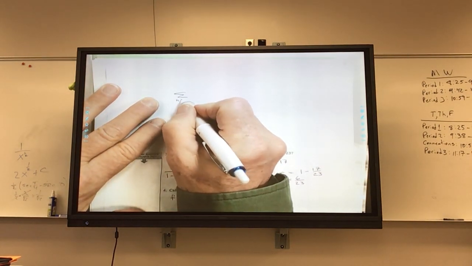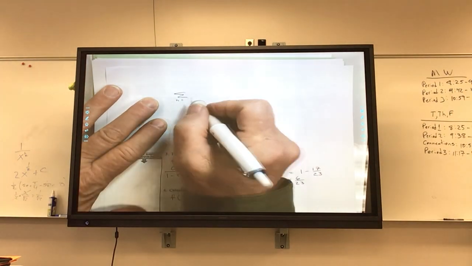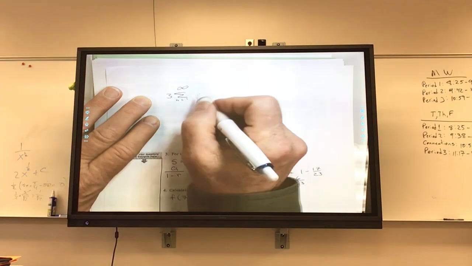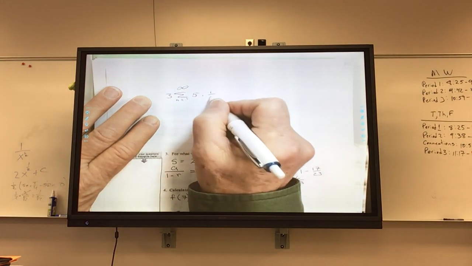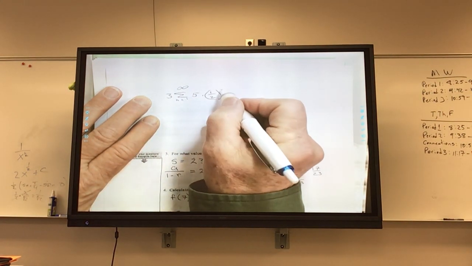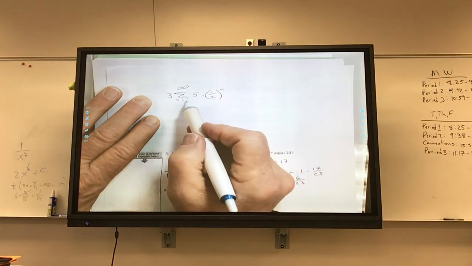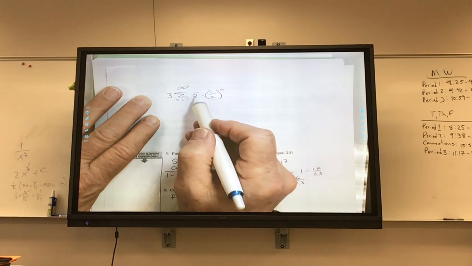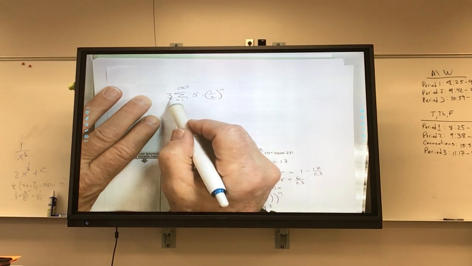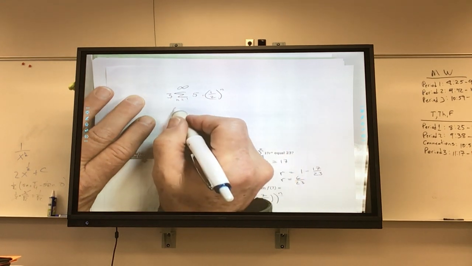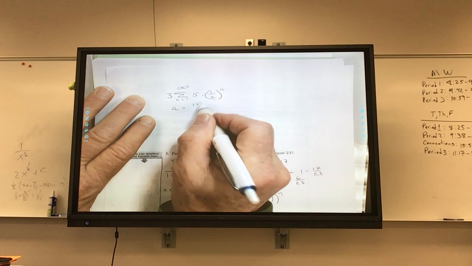Where do you want me to start? Just do one. Let's say you got a 3 out here, and you got 5 times 1 over 2 to the nth power. So my first term will be a half times 5 times 3. And I would write that A is equal to 15 halves.